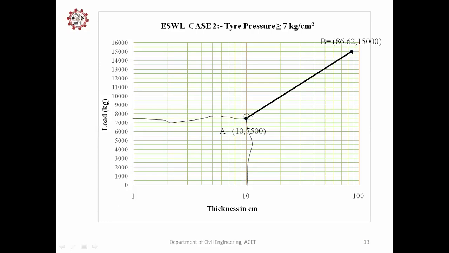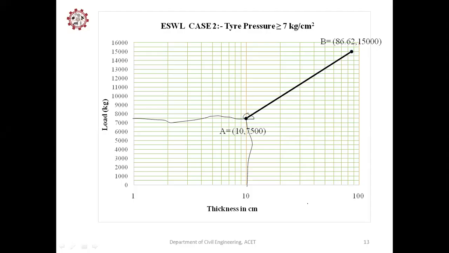And next is your 86.62. So we have these values, and here again you are plotting the value 86.62 and 15,000 for the B point.